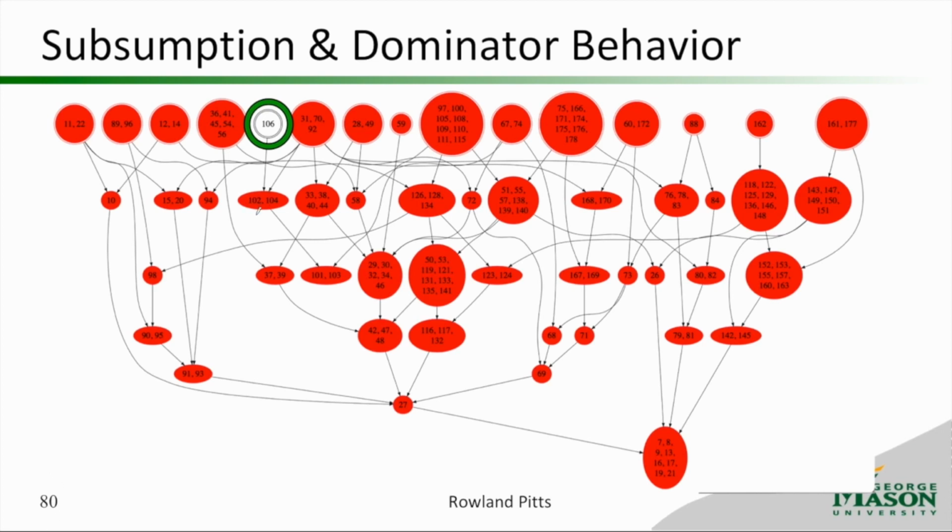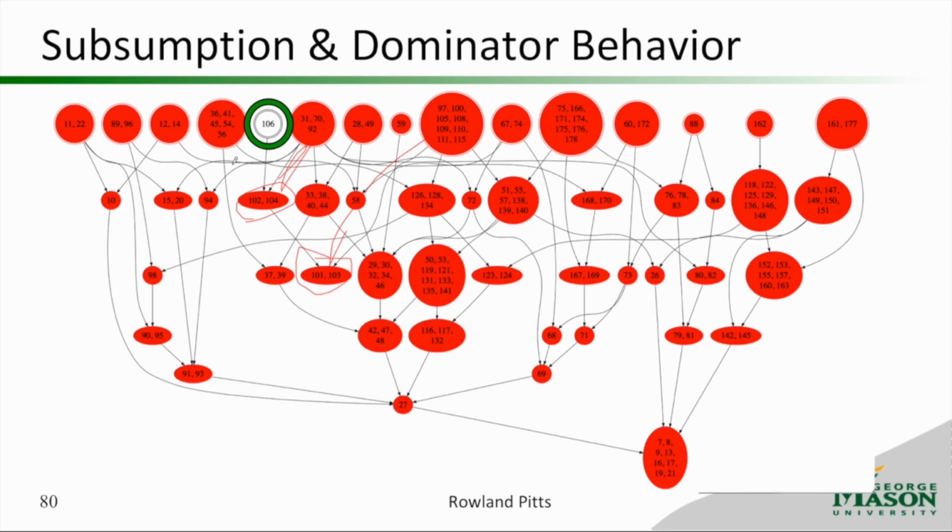Notice that the nodes that it subsumes are also subsumed by other nodes, so it's not uniquely subsumed here. So in this scenario, rather than killing 5 mutants, this would only result in a marginal gain of 1 mutant in the mutation score.